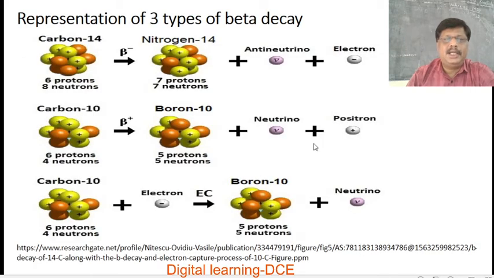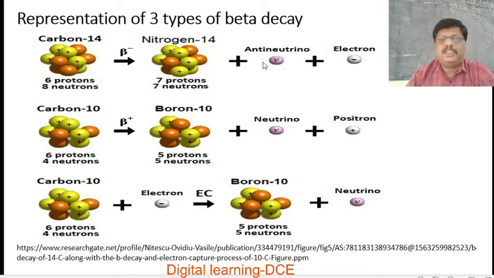So these three diagrams represent the emission of beta particle, beta minus, beta plus, and also electron K capture. This is carbon 14 undergoing negative beta decay, becoming nitrogen with the emission of an antineutrino and the electron, that is, the beta minus particle.